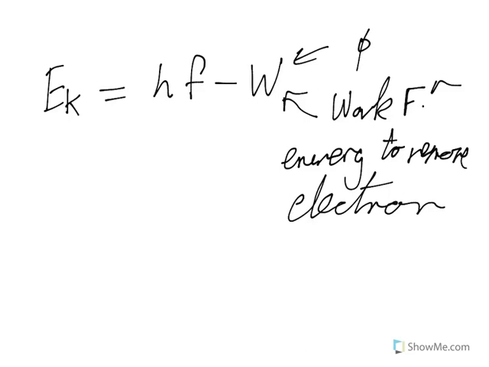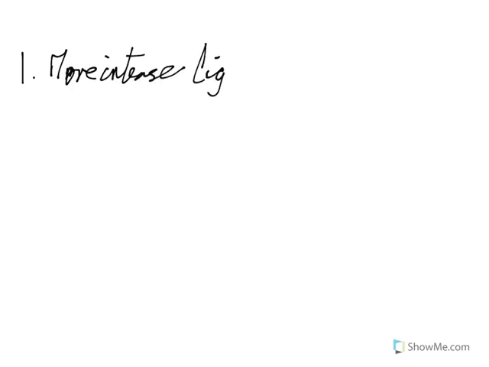The last two dot points are kind of already talked about. So then there's a summary of the results. The first one there: the stronger the beam of light, so more intense light, led to greater photoelectric effect, more electrons.